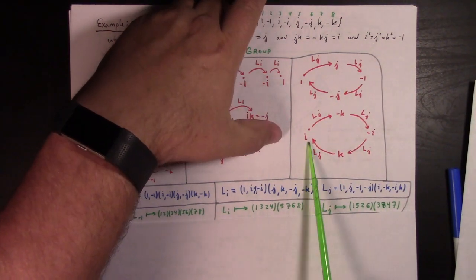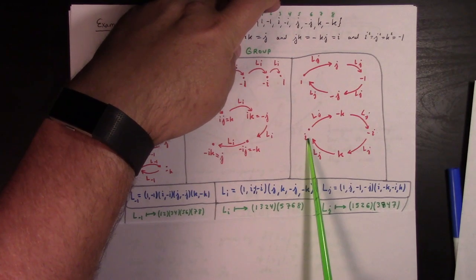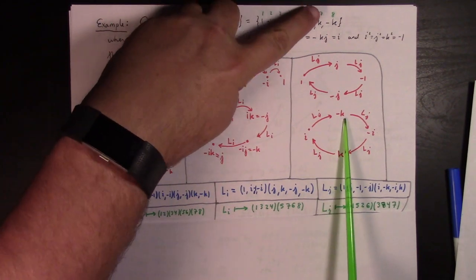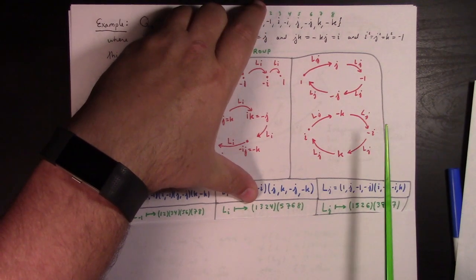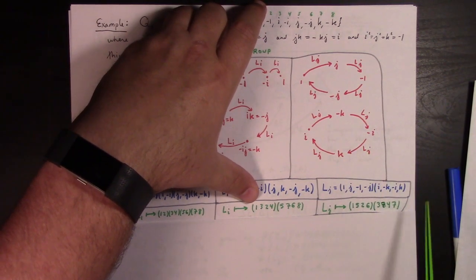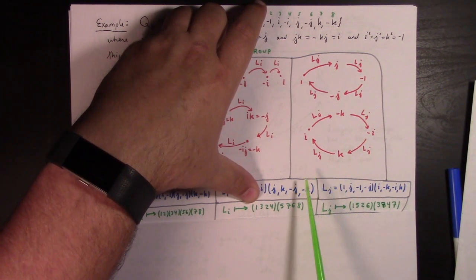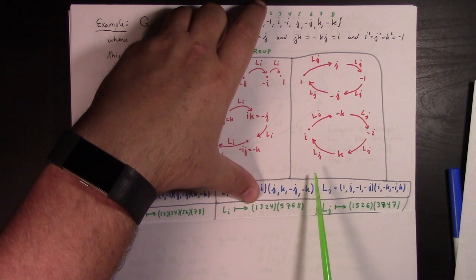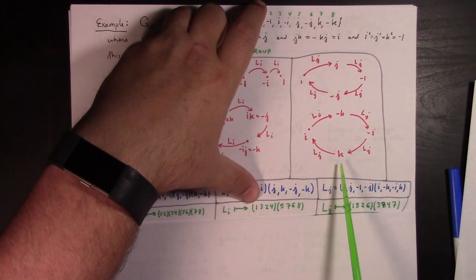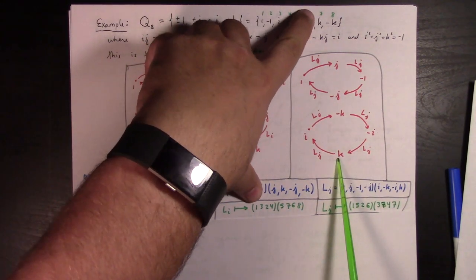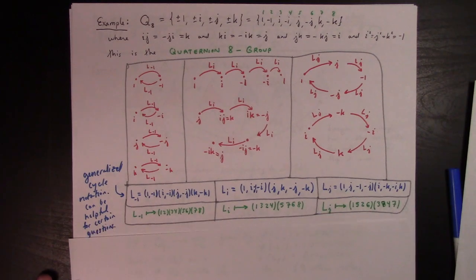And then this one starts at i, which is 3, and then we go to minus k, which is 8, then we go to minus i, which is 4, then we go to k, which is 7. I was thinking k was 8 for a second there, which is just wrong. k is 7 in my nomenclature.